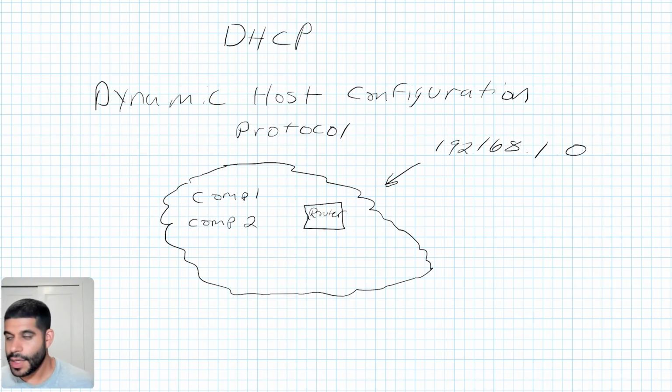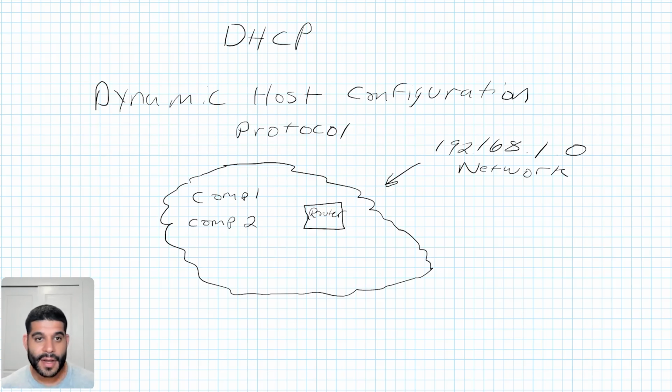So this is going to be our network, and let's go ahead and say network right under here. All right, so 192.168.1.0, that's our network. Now, of course, that's this whole entire thing in here that encompasses everything. Computer 1, computer 2, router, everything.